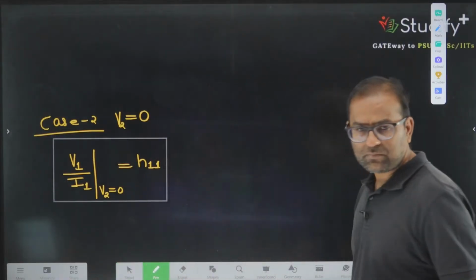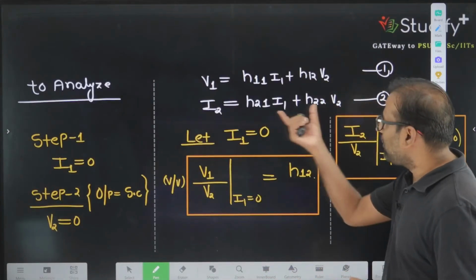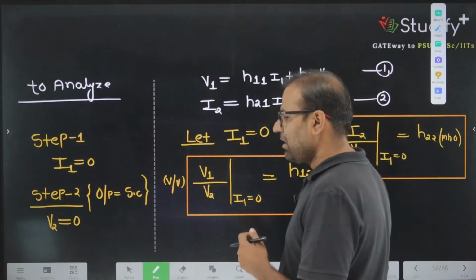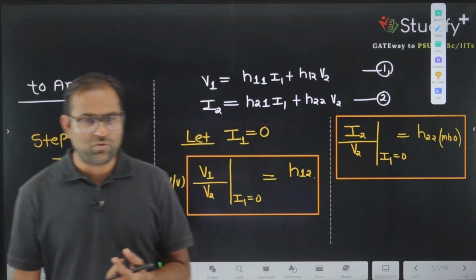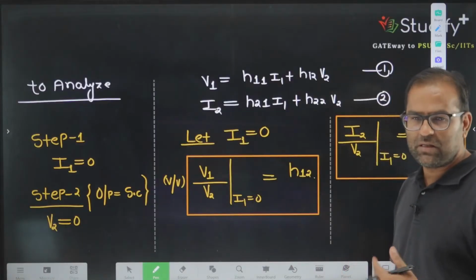Fine. What is the next parameter? By making V2 equal to 0, one more parameter is I2 by I1, which is known as current gain. Usually you call it beta or alpha of a transistor. Alpha is for common base and beta is for common emitter.